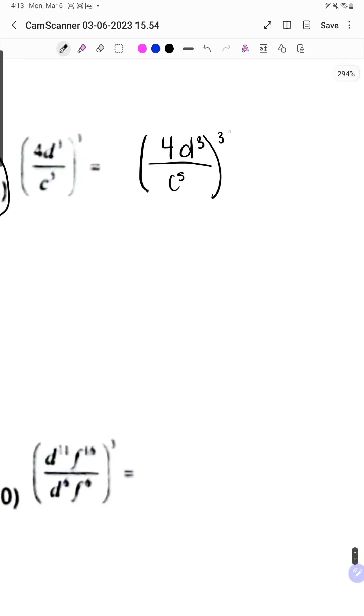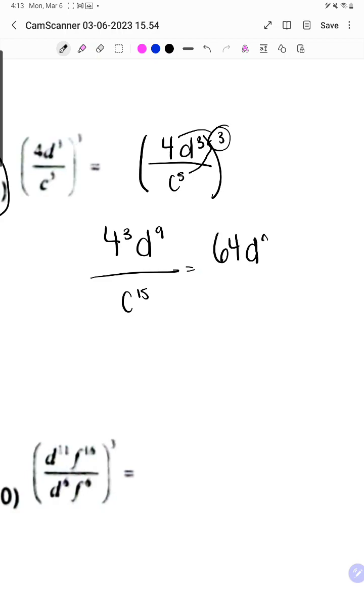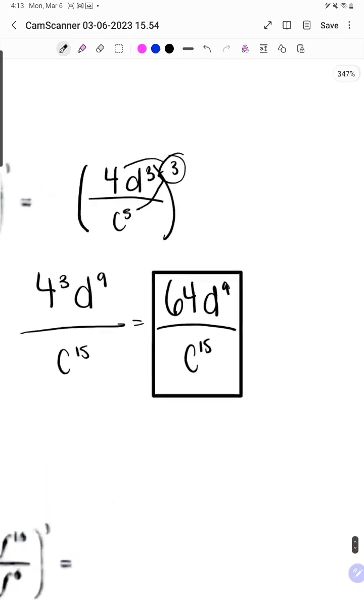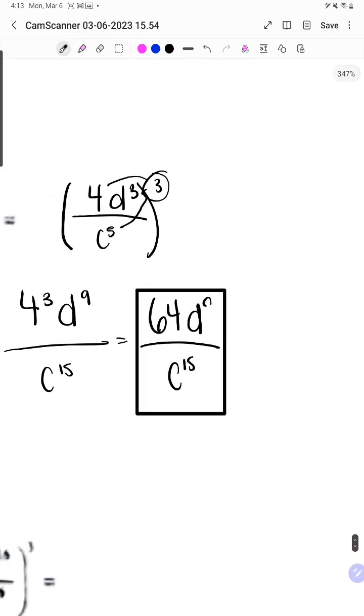So we will distribute this 3 to here, to here, and to here. So we'll have 4 to the 3rd, d to the 9th, c to the 15th. So that will give us 64, d to the 9th, c to the 15th. And that's it. That's a 9 right there.